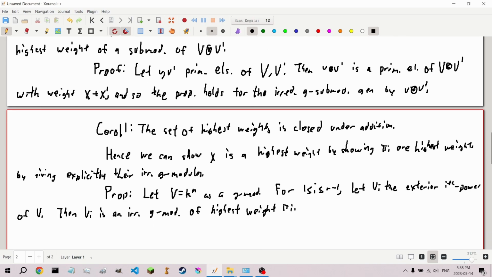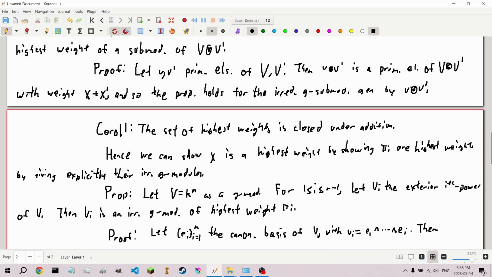And this is our last proposition. Our proof. Let e_i, from 1 to n, be the canonical basis of V, with v_i being the wedge of e_1 through e_i.